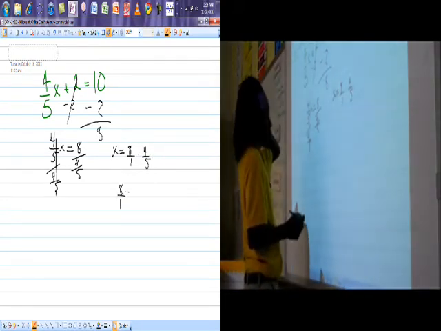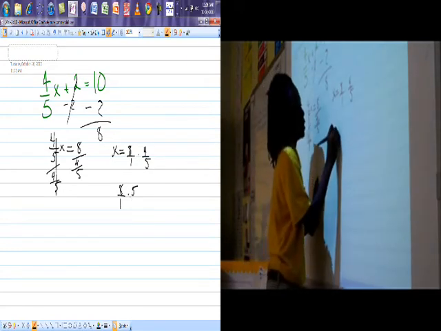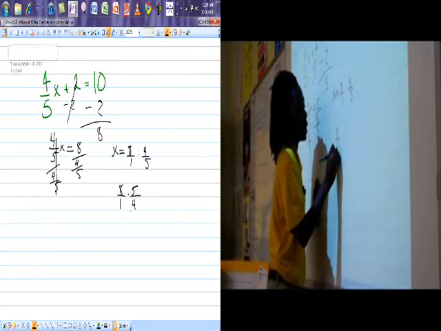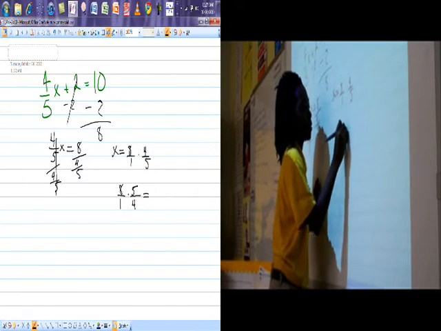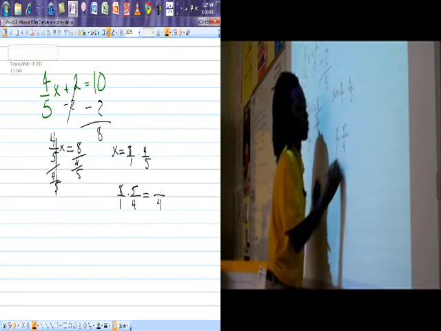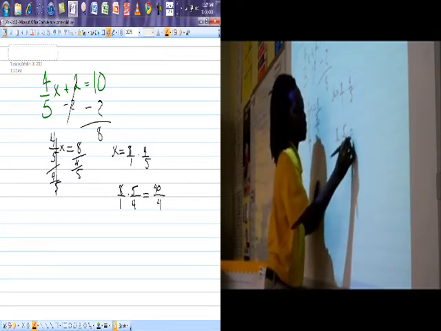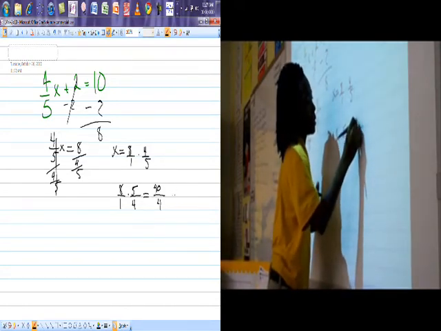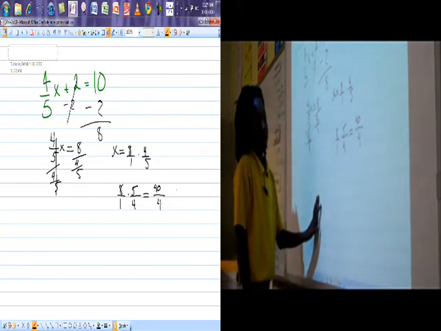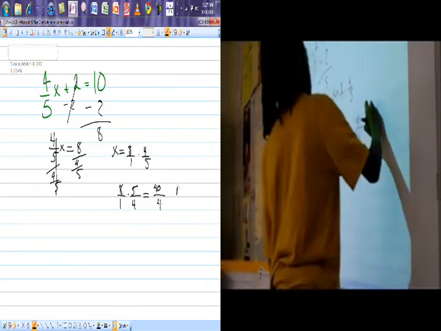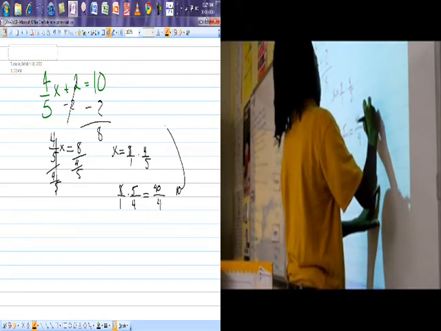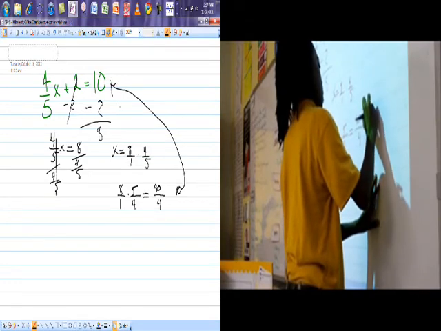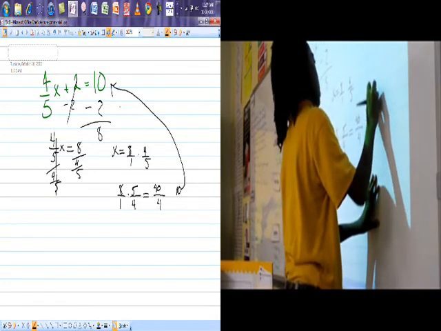And then you have to switch the equation around, which is 8 over 1 times 5 over 4. Multiply to get 40 over 4. Then I divided 4 into 40 and got 10, which matched my answer.